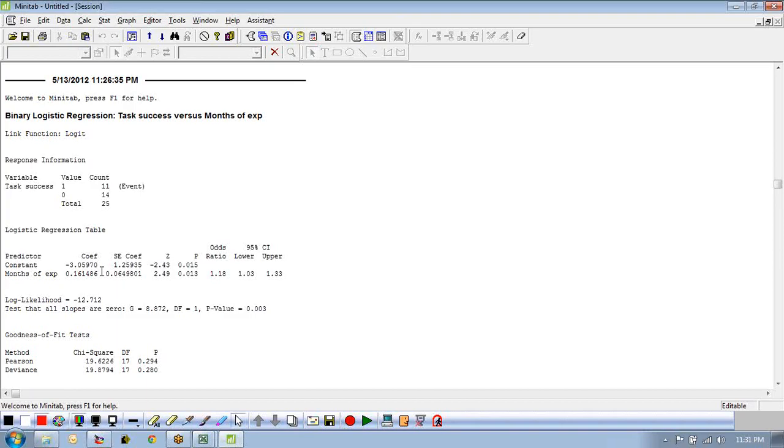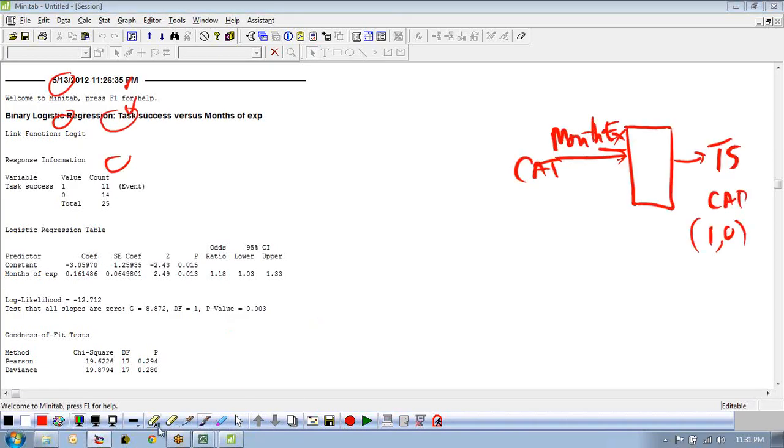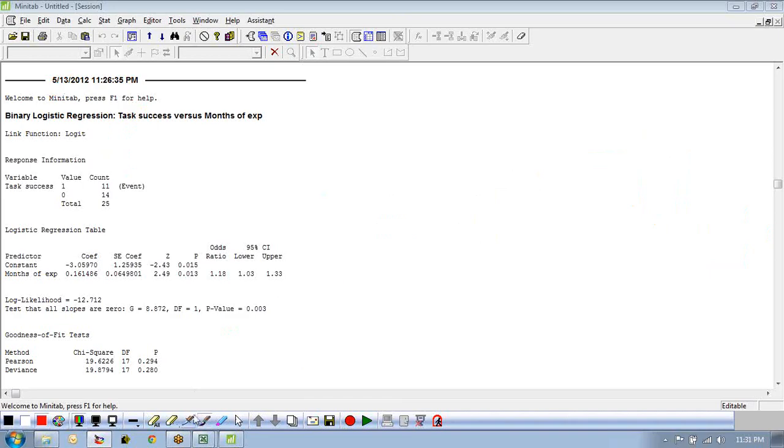Now, let's interpret this just a little bit. This model that was just built is an interesting model. It's not for y, it's for our log of p over 1 minus p. Remember, p is the probability of success, the probability of a 1, which means that the task was complete.